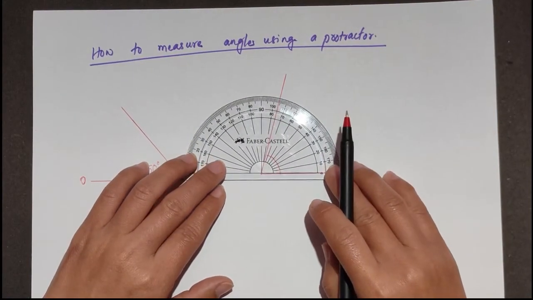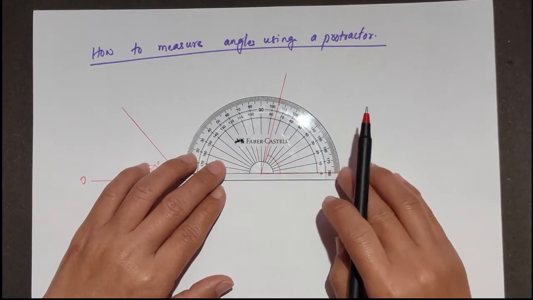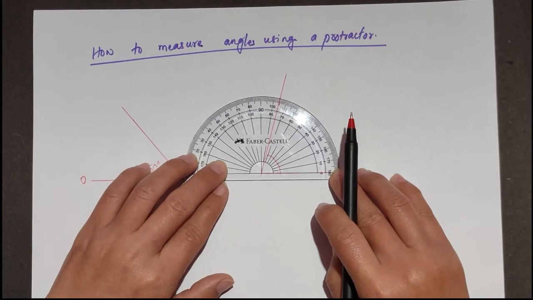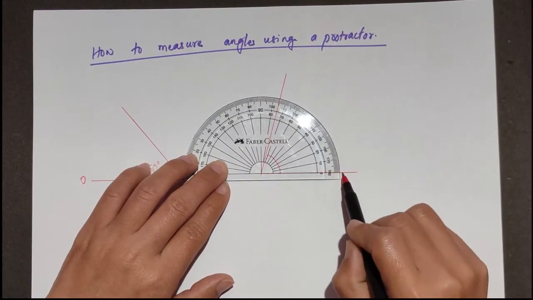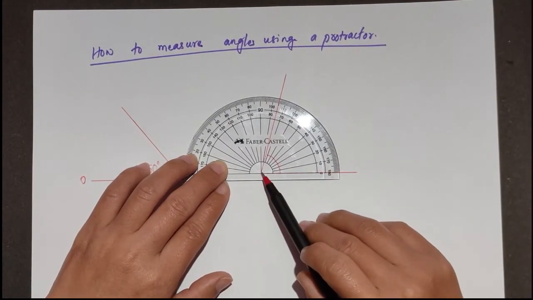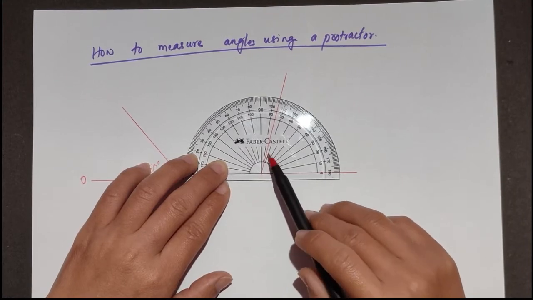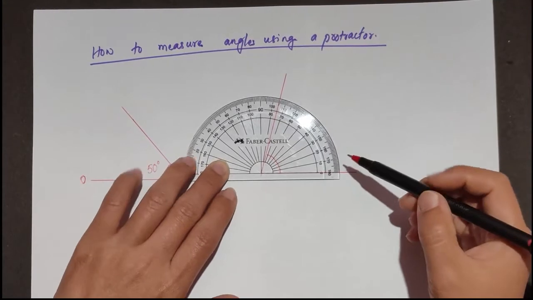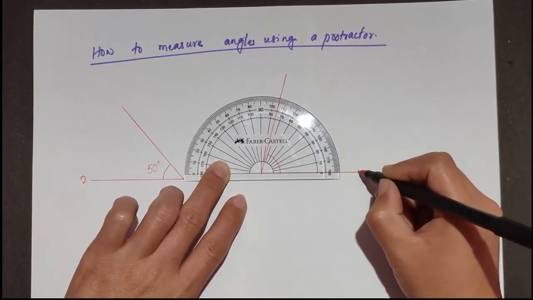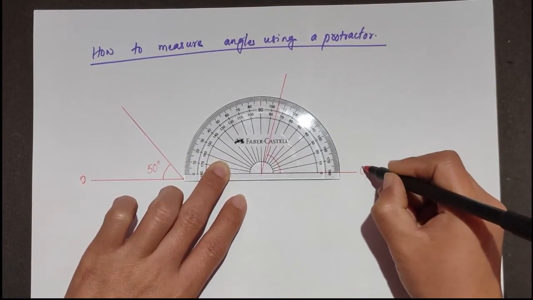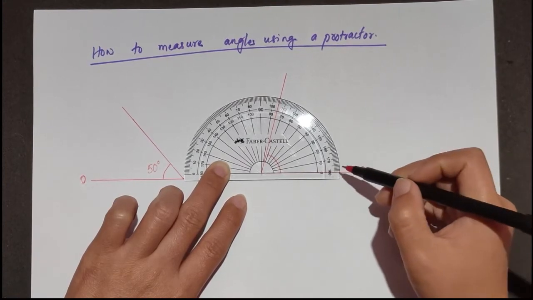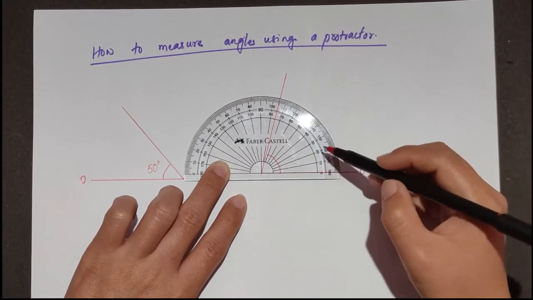So adjust it, make sure that it is exactly on this line, and the center point should be exactly on the meeting point of this angle. Alright, now here it is. What we have to do is, let's take this line as 0, so we're going to start from the 0 number.